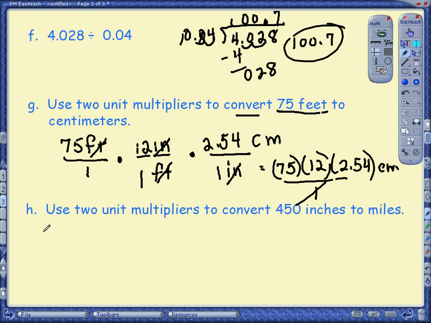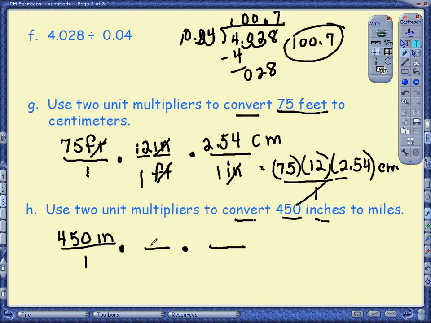Okay, now we want to go from 450 inches to miles. Remember, this word convert and the number that comes after it with its unit goes right over 1. 450 inches, and we make a fraction line and we put a 1 underneath. And again, we're using 2 unit multipliers.